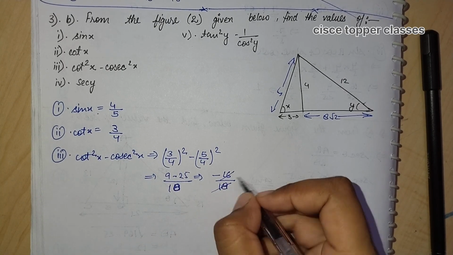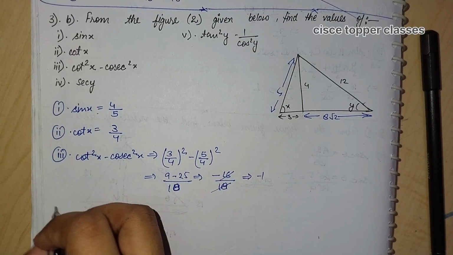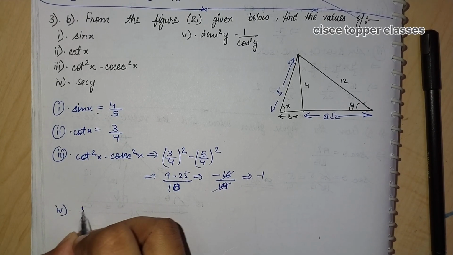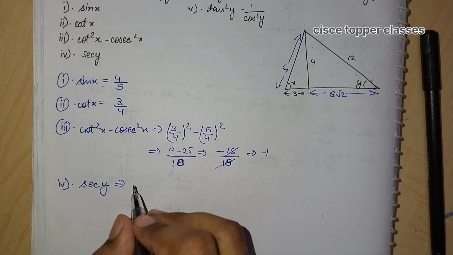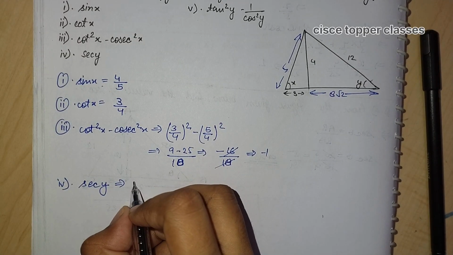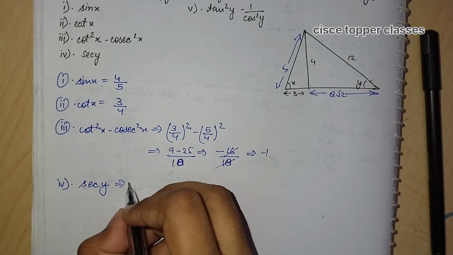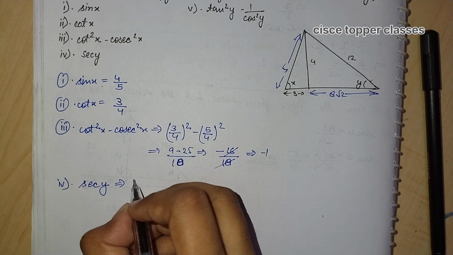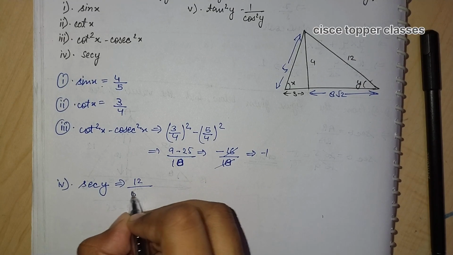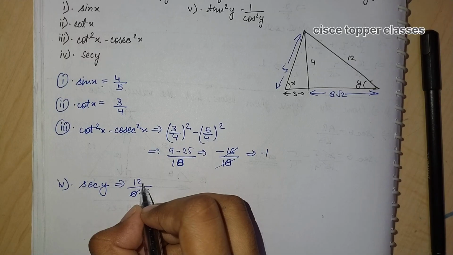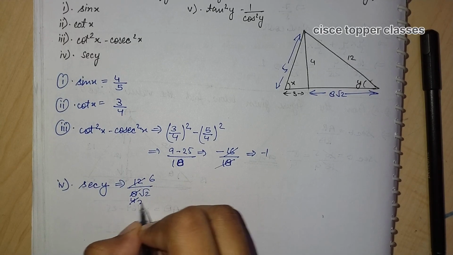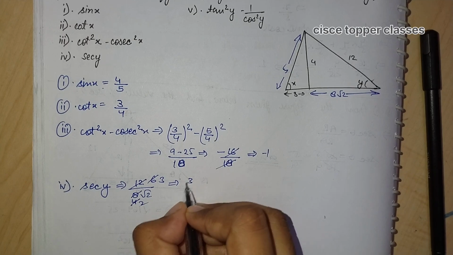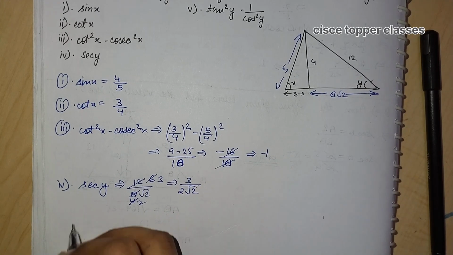This will cancel out, means minus 1 is the answer of the third part. Now the fourth is sec y we have to find. Sec y will be hypotenuse by base. So this will be 12 by 8 under root 2. So we will get 4 here, and this will be 6, 2, 3, means 3 by 2 under root 2.